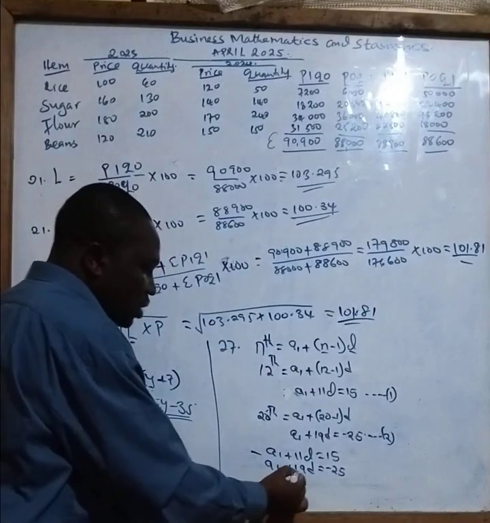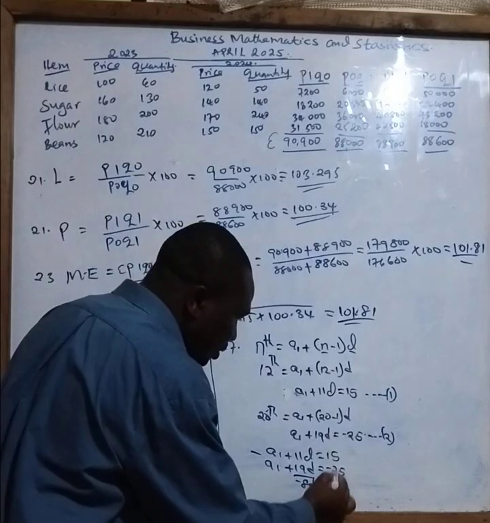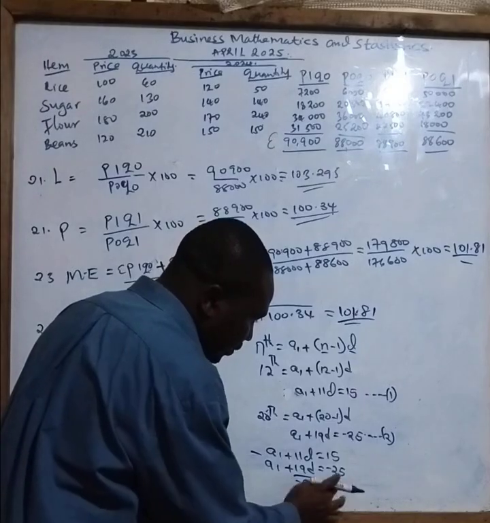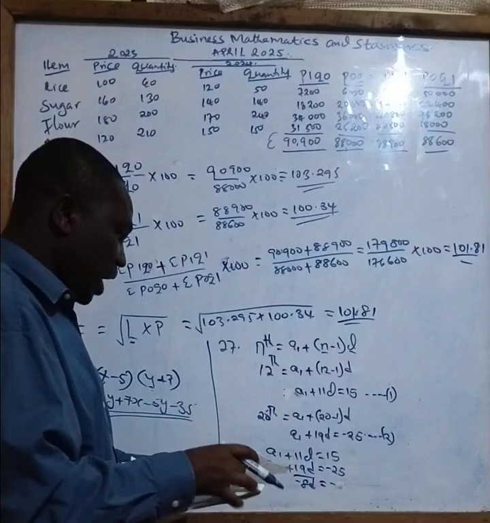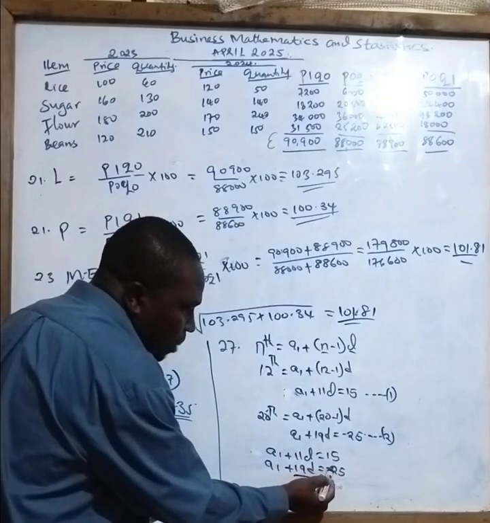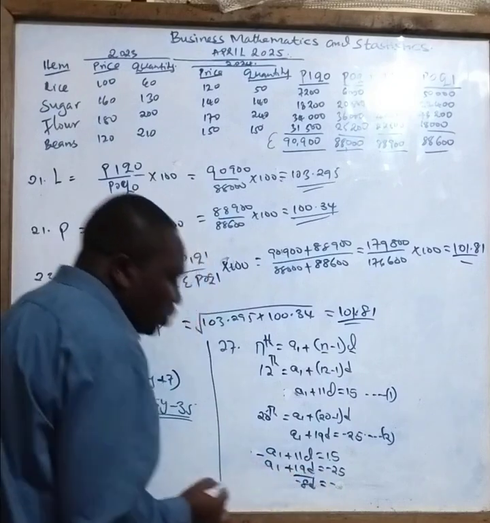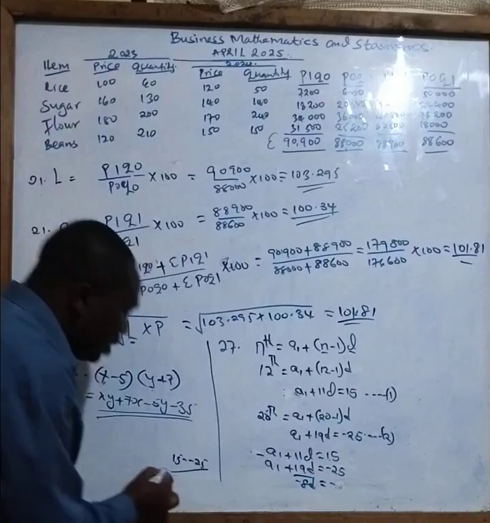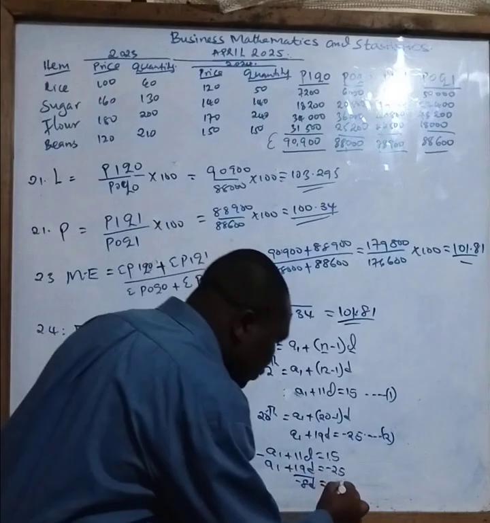So I subtract, and this gives me negative 8d equals 15 minus 25, which gives negative 40.